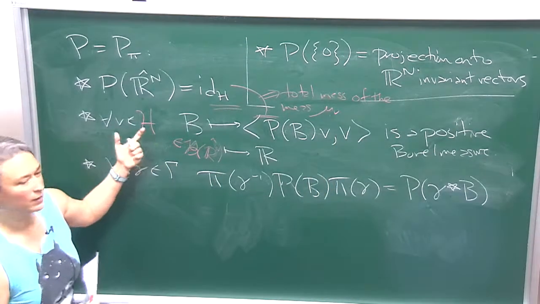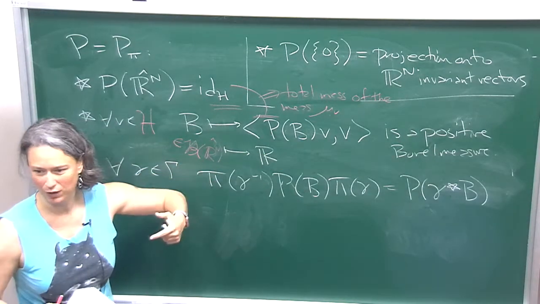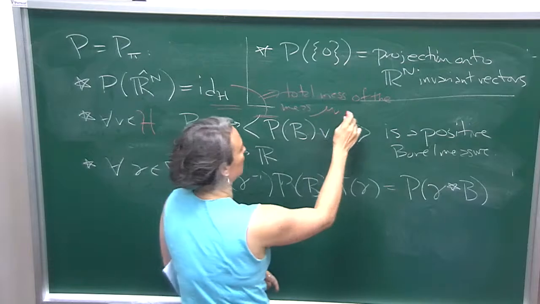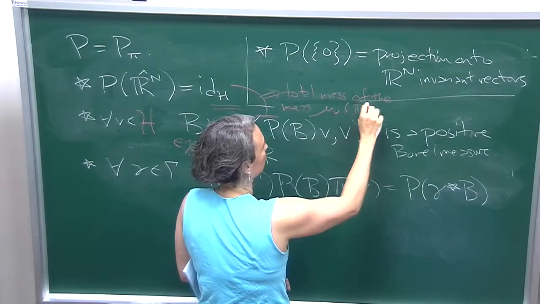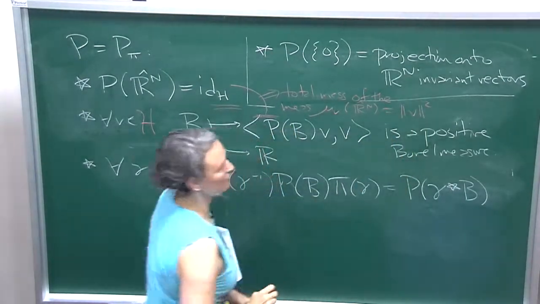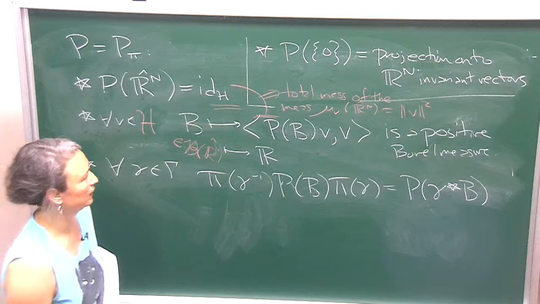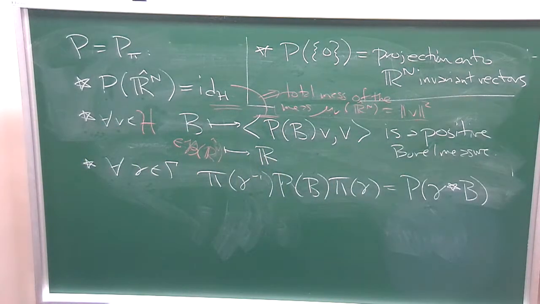So the assignment B goes to this projection against v is supposed to be a Borel measure. So this measure has total mass equal to norm of v squared, okay? So, right, that's going to come in handy now.